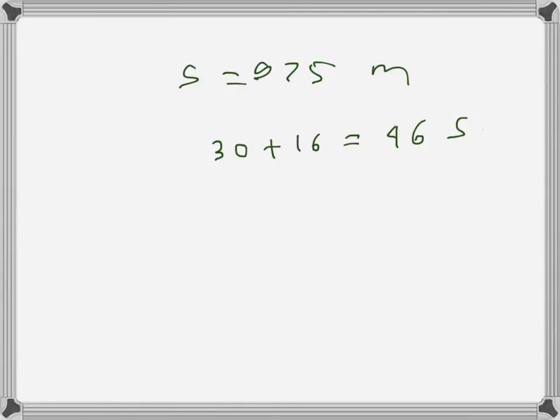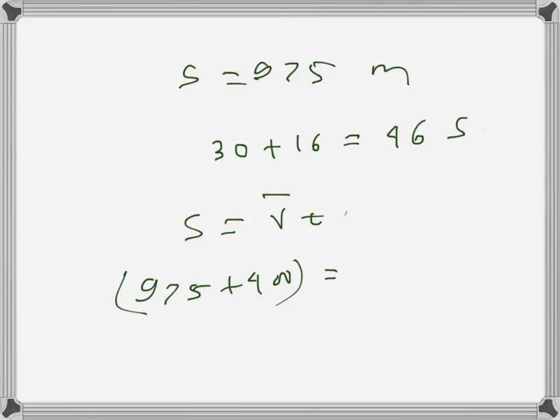Now the question is, if it had traveled at a velocity of 40 meters per second, that is, if it didn't decelerate and traveled the whole path with that velocity, what would be the time taken? That would again be s equal to vt, and total s, as we now know, is 975 plus 400, with uniform velocity of 40.